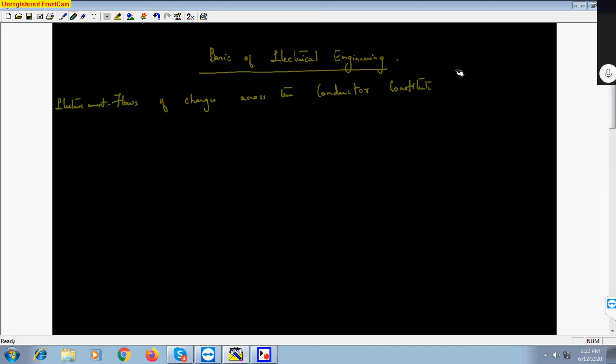That was the mathematical definition of electric current, what you told. This is the basic definition of electric current: flow of charges across the conductor constitutes electric current.